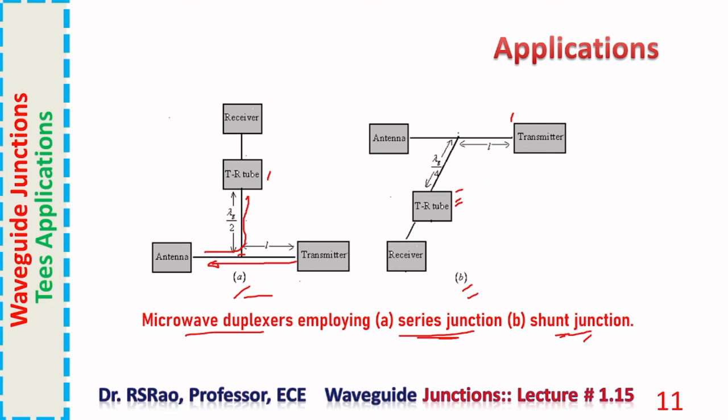An open circuit exists across the line, so the transmitter power entirely goes to the antenna. When the transmitter is not working, this is an open circuit, and here is a short circuit across the line. So the receiver, here is the antenna. Antenna output is diverted to the receiver because it is shorted here, so the output of the antenna is towards the receiver.